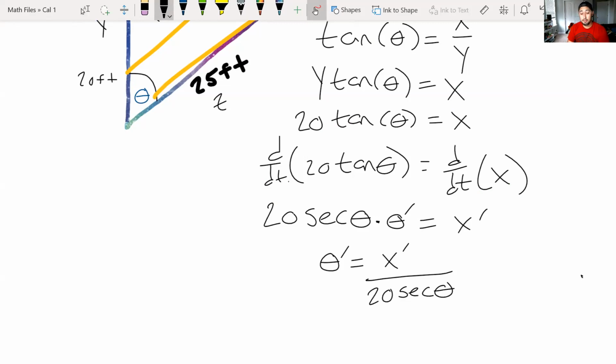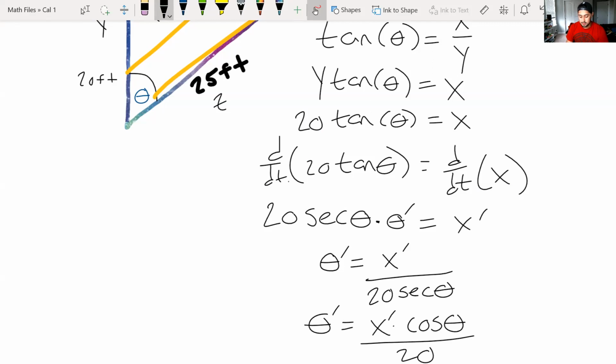But now, remember, secant is 1 over cosine. So I can rewrite this as x prime times cosine theta over 20.